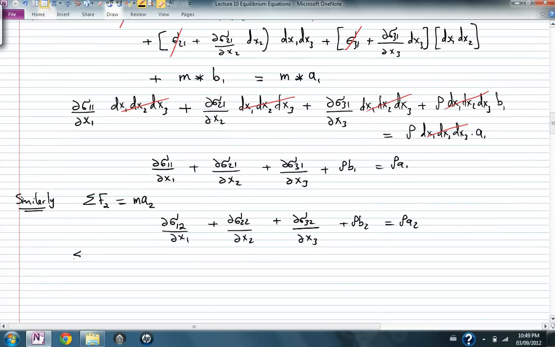And the same, when you sum the forces in the third direction, you will get this third equation. So, right in front of you, you have three equations of equilibrium.